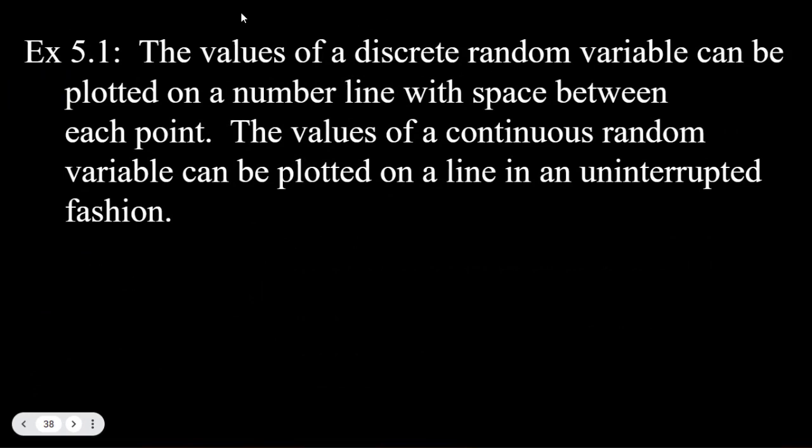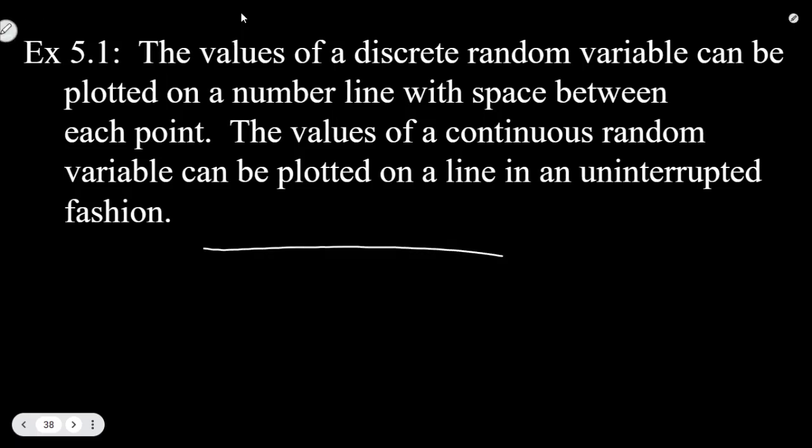Example 5.1. The values of a discrete random variable can be plotted on a number line with space between each point. The values of a continuous random variable can be plotted on a number line in an uninterrupted fashion. If you have a discrete situation, like a count, you might have 0, 1, 2, 3, and so on, but there's space in between each of these dots.